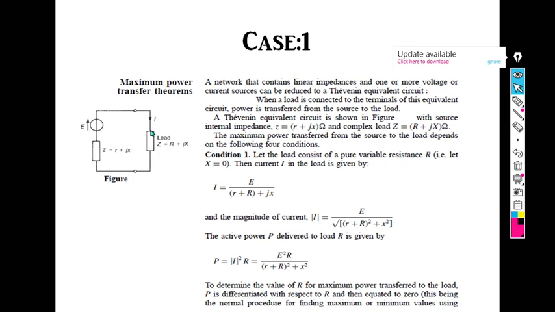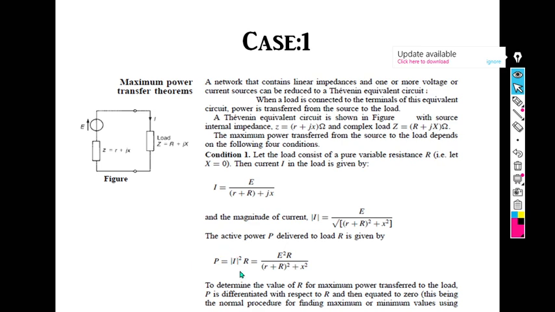The drop is here I square R. Now the magnitude of mod I is equal to E over root of capital R plus small r whole square plus x square. We can put it here, so we are getting P equal to E square R over (R plus r) square plus x square.